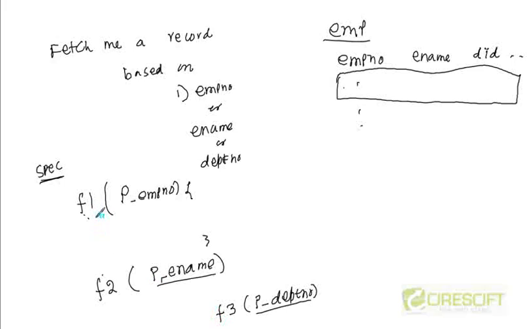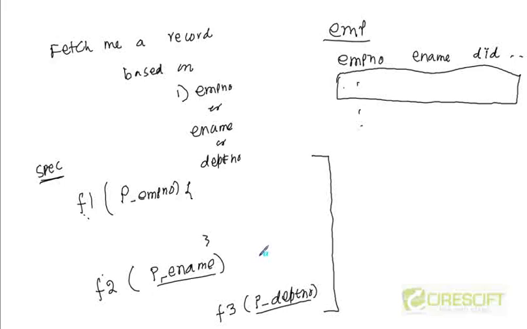You are probably going to forget that there is a function f3 that takes department number as a variable. But if you see what all these functions are doing, they are doing a specific work: go to the employee table and fetch a record based on whatever I'm giving.